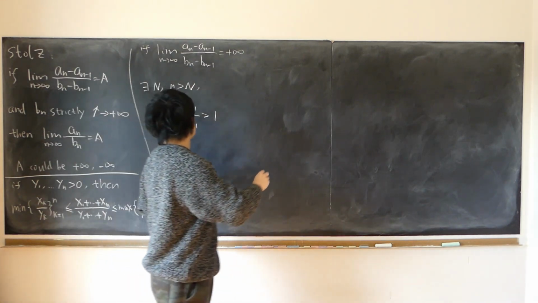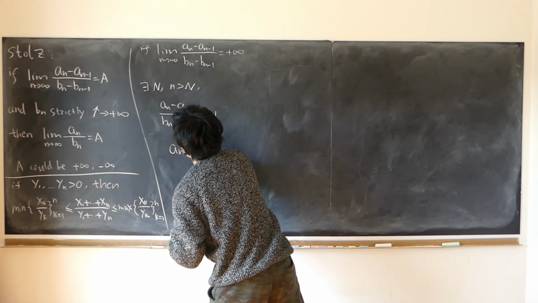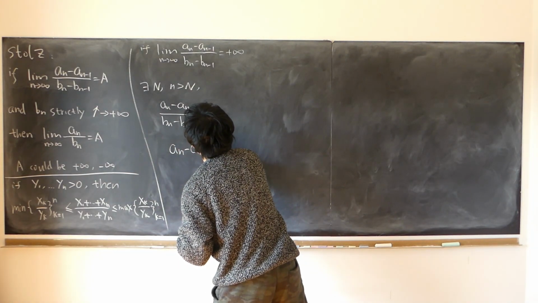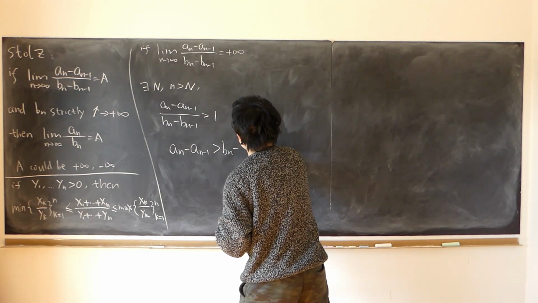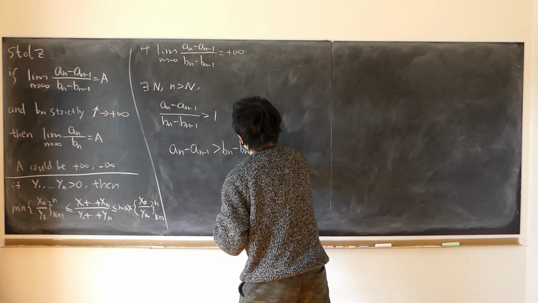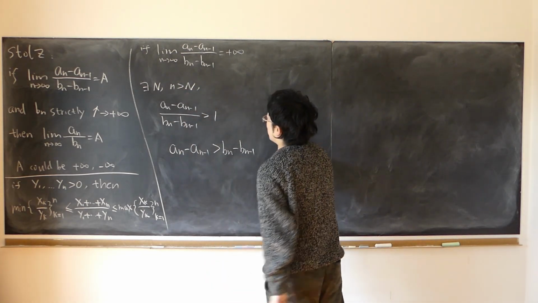In other words, an minus an minus 1 is bigger than bn minus bn minus 1, for such little n bigger than capital N.